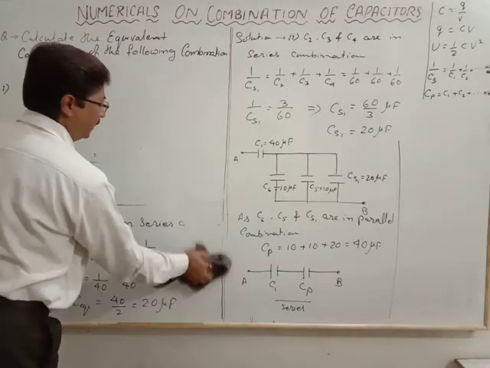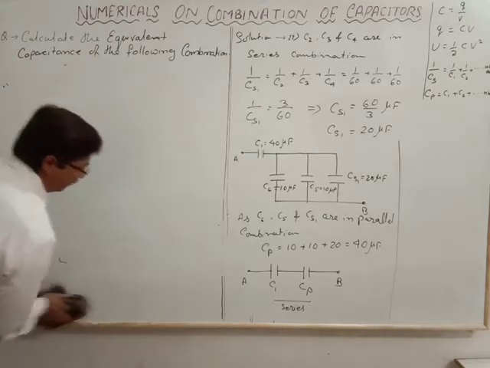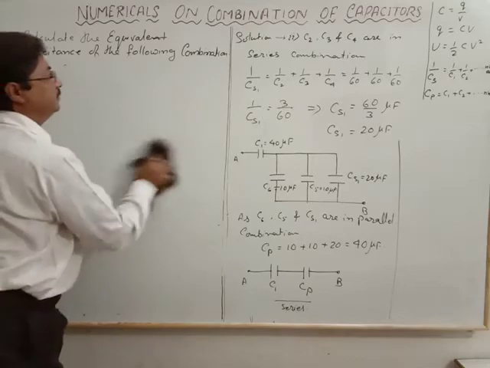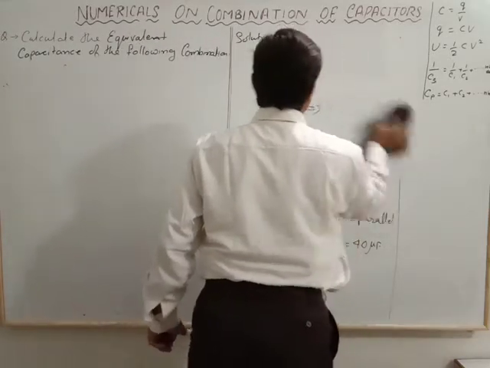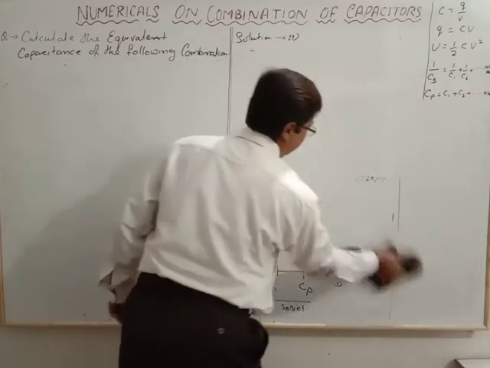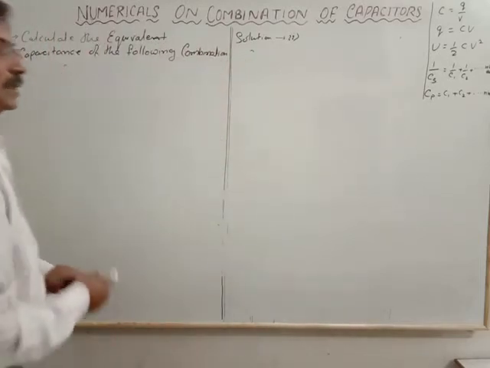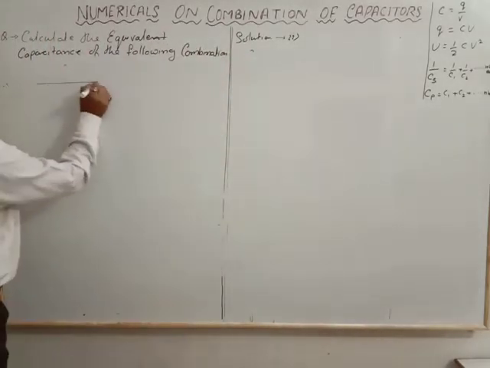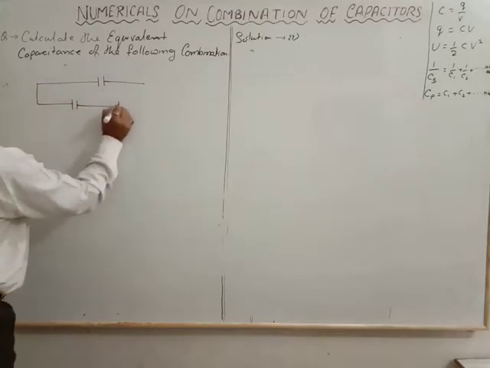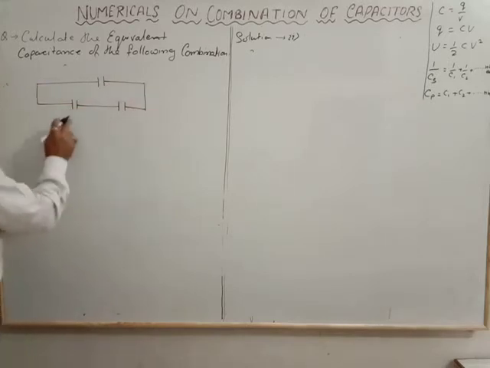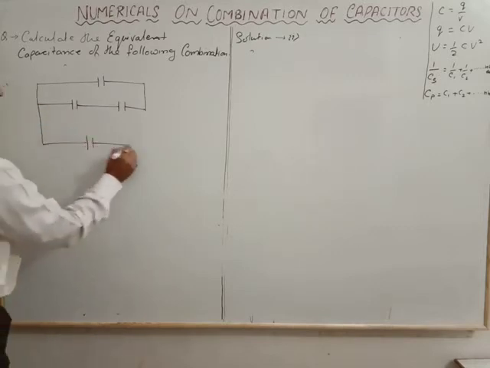If we consider the third arrangement of the capacitor, one capacitor is connected, another capacitor is connected, and these two are in series, and this is connected with another capacitor.